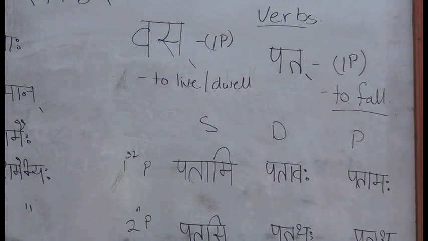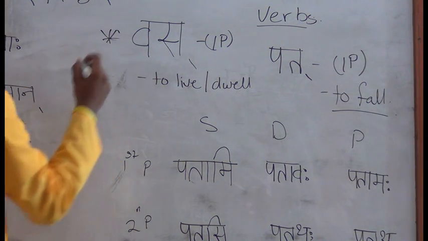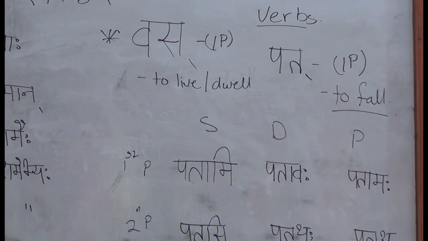Vas. Vas, first conjugation, parasmay para, meaning to live or to dwell. So I want you to conjugate vas for me when you are finished writing down that conjugation.